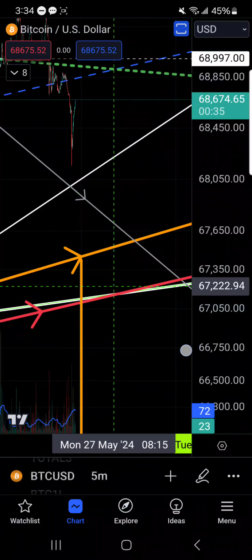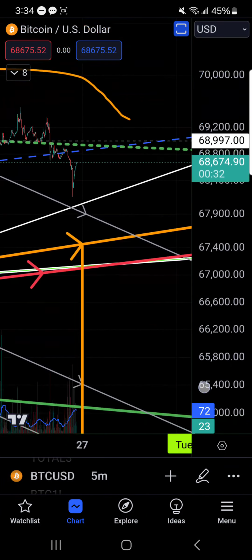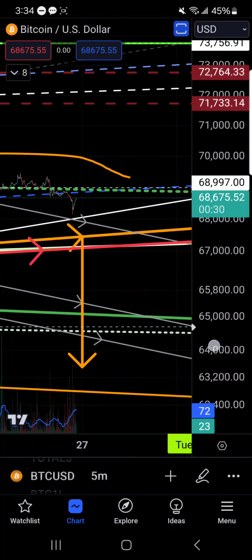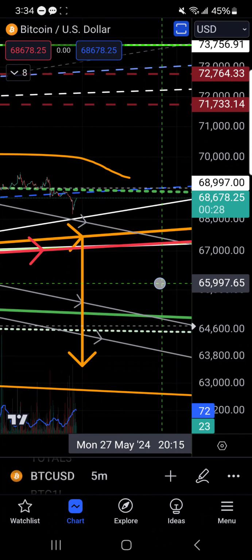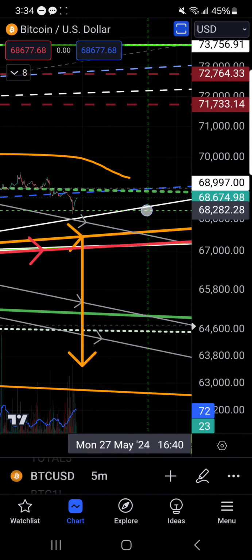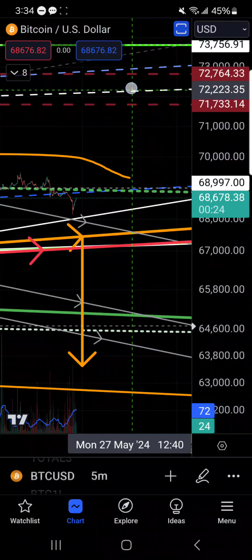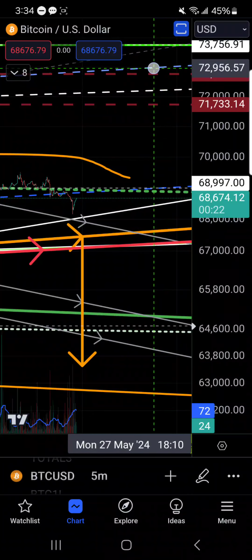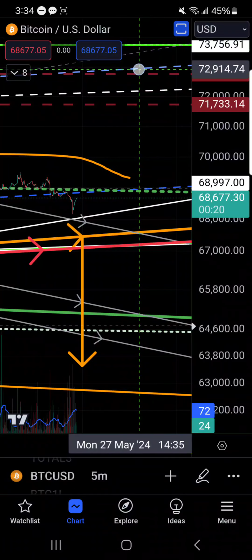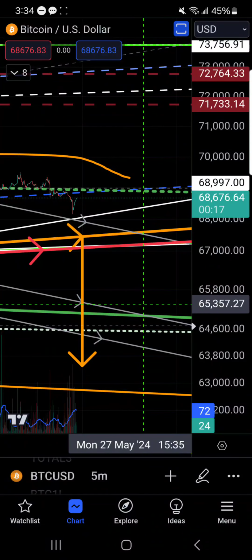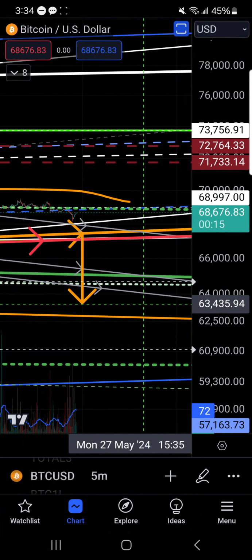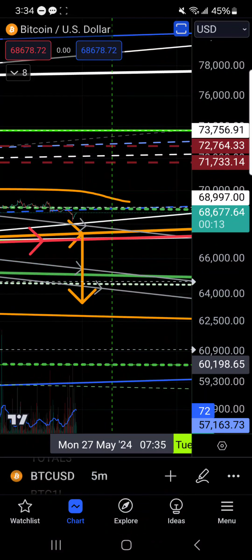Now, what's interesting is the red line that I've drawn is perfectly parallel to the blue channel, the center line of the blue channel here. It's perfectly parallel to the bottom of the blue channel down here.